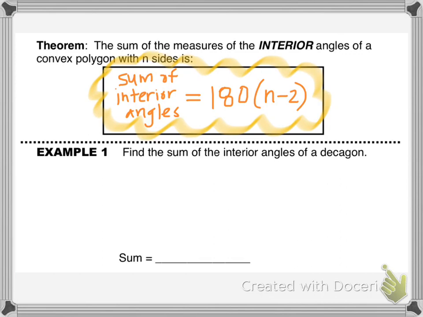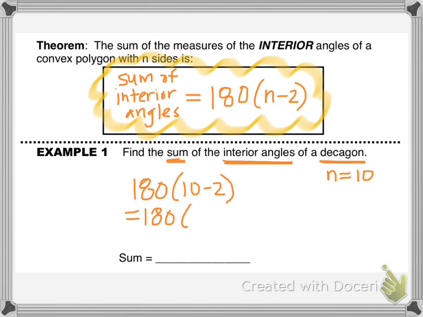Here's an example. Find the sum of the interior angles of a decagon. So the first thing you need to know is what n is, the number of sides. Deca means 10, so that means a decagon has 10 sides. So our value of n is 10. So we'll just do 180 times 10 minus 2. 10 minus 2 is 8.